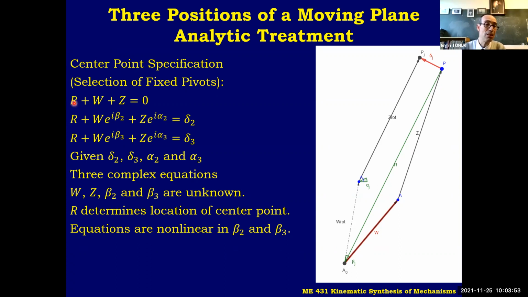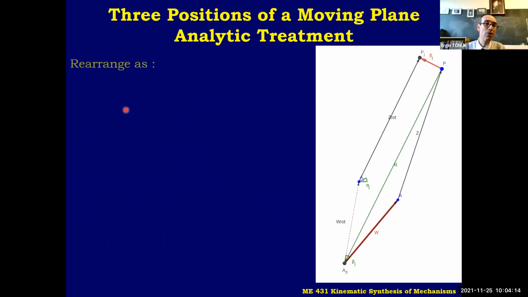But the trouble is, this time, the equations are linear in unknowns W and Z, but nonlinear in betas. So the solution is not that straightforward this time. To be able to solve these equations, we will rearrange the equations like this.